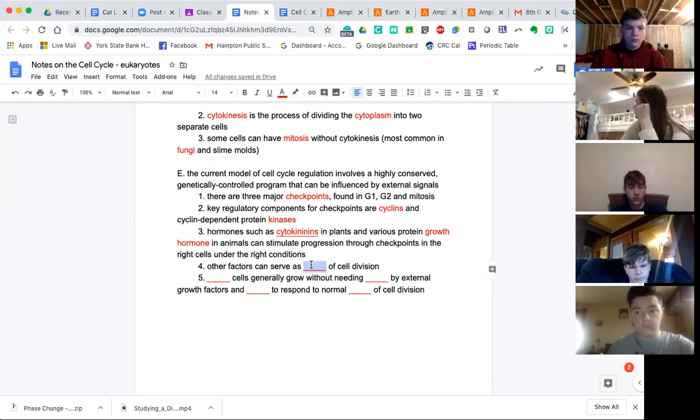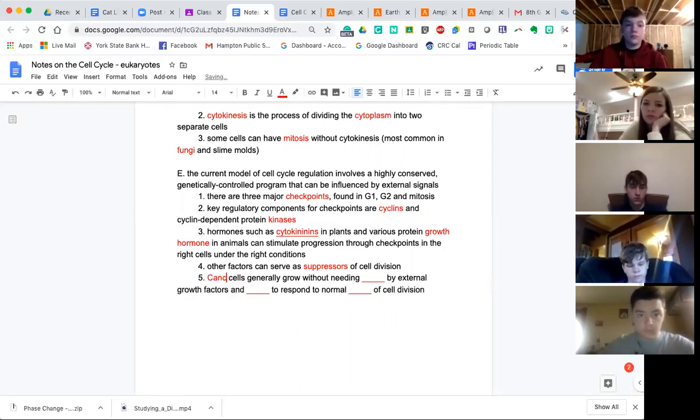Now, there are other chemicals that our body uses to slow down division. So something that suppresses it, some suppressors of cell division. And this is where the main problem comes in, is that in our body, we've talked a lot about cancer. Cancer cells just go wild.